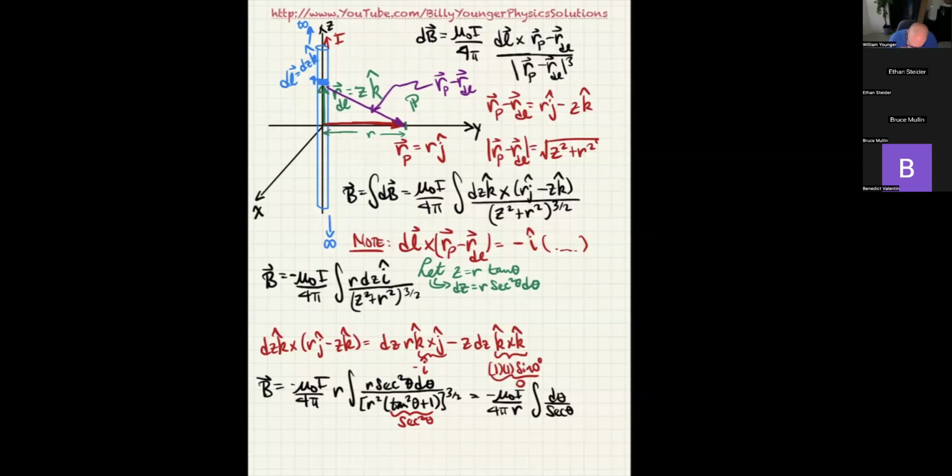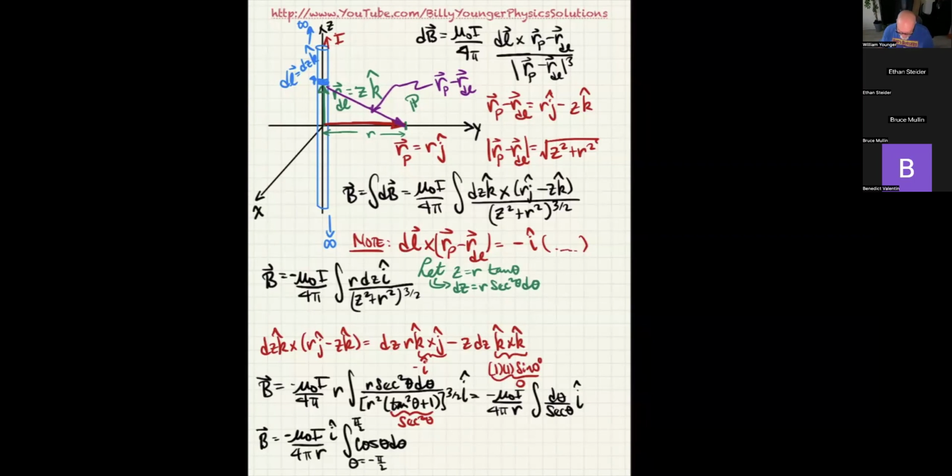So now I can say, oh, and I also left off the I hat vector, so I'll put my I hat right there. And now I have B is equal to negative mu 0 I hat over 4 pi r, and we're going to take the integral of cosine theta d theta from theta equals negative pi over 2 to positive pi over 2.